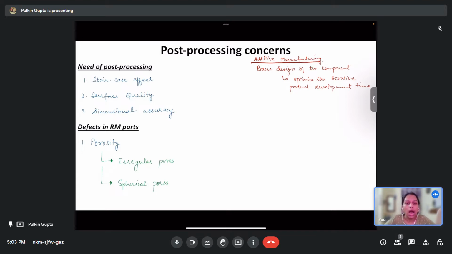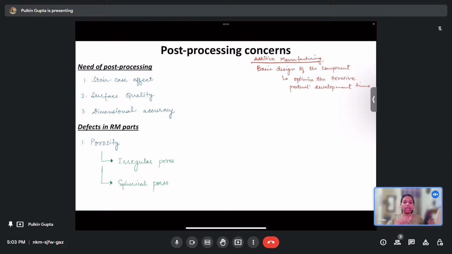So how can the design of a component be optimized to perform iterative or production operations on it, so as to optimize the development time of the object?